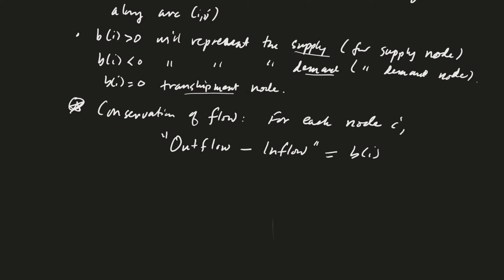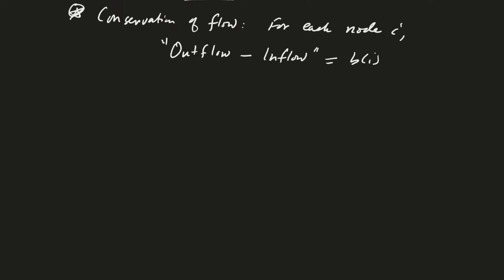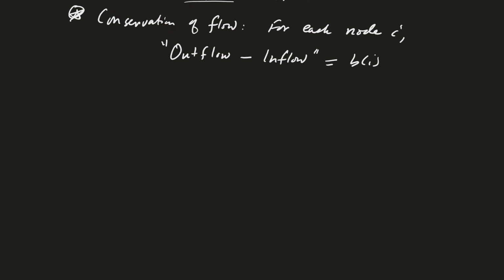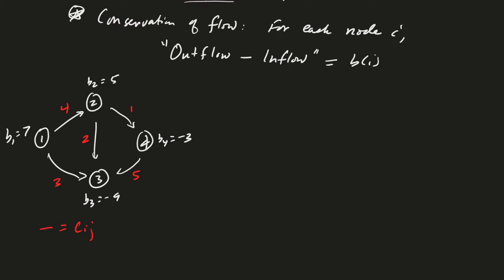Okay, so let's try an example. I'll set up my network here, and then I'll come back and we'll write down the linear program for it. All right, so here's my network. I've got 4 nodes. B1 is equal to 7, so node 1 is a supply node, being supplied with 7 units. Node 2 is a supply node with 5 units.